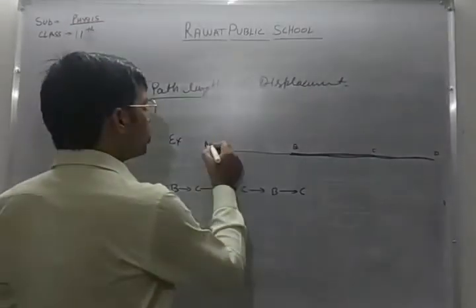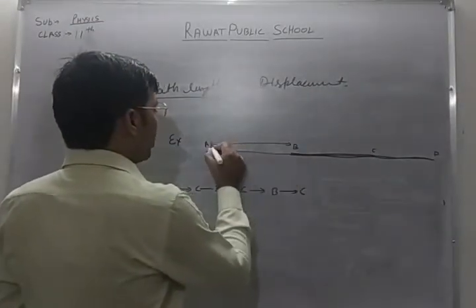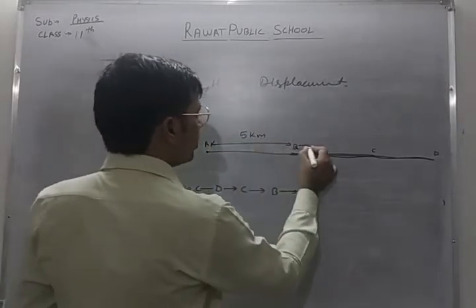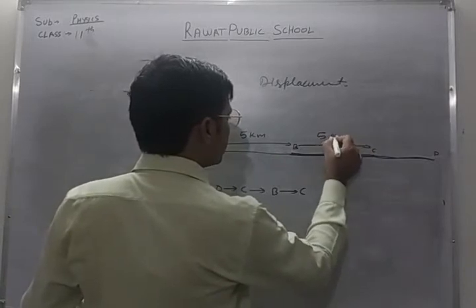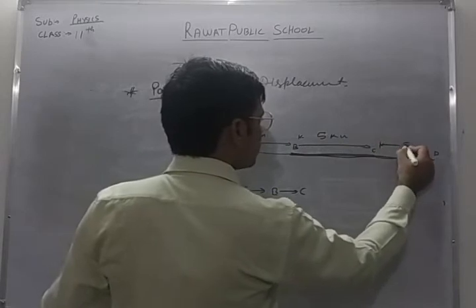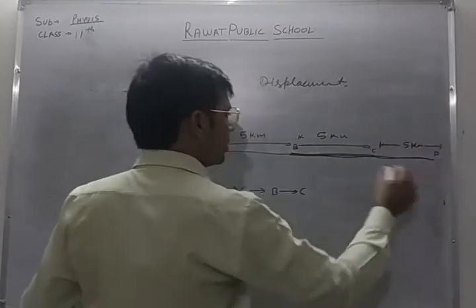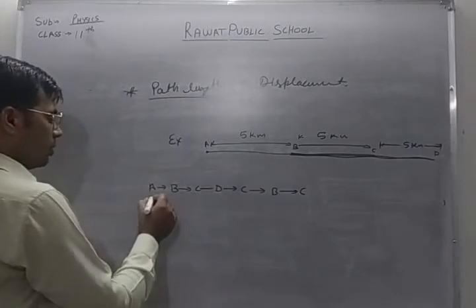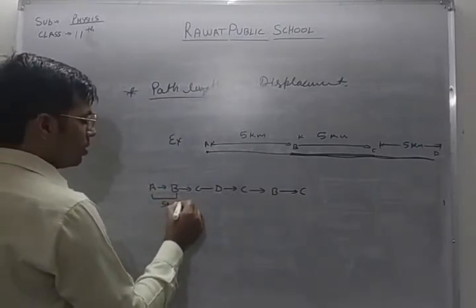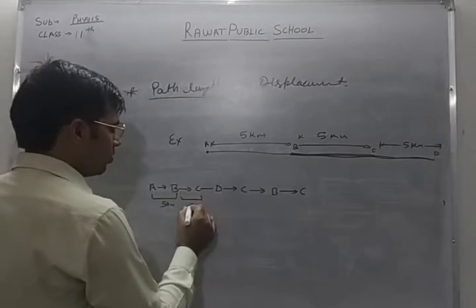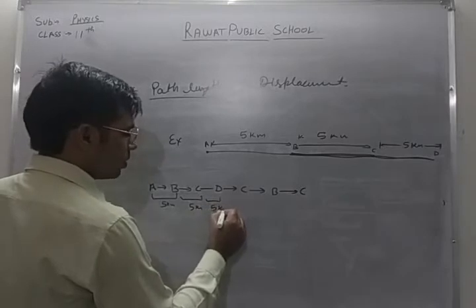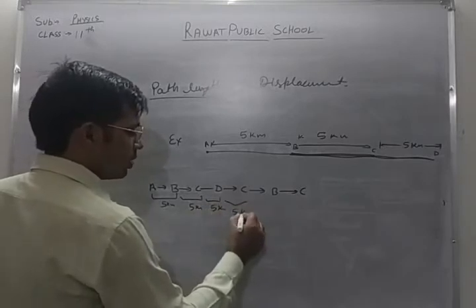Now let's suppose all these points are 5 km apart: 5 km between A and B, 5 km between B and C, and 5 km between C and D. A to B, 5 km the object traveled, B to C again 5, C to D again 5, D to C again 5 km.